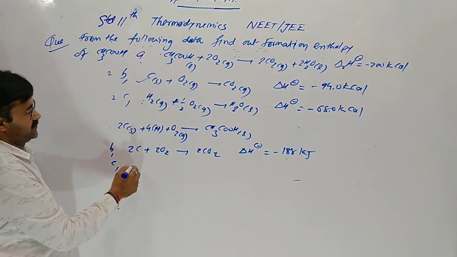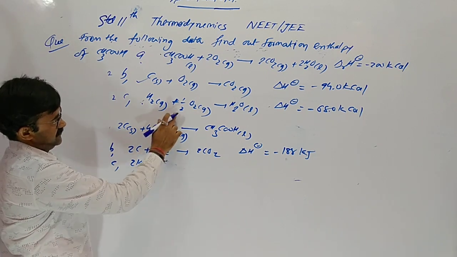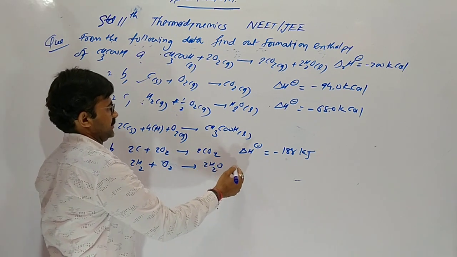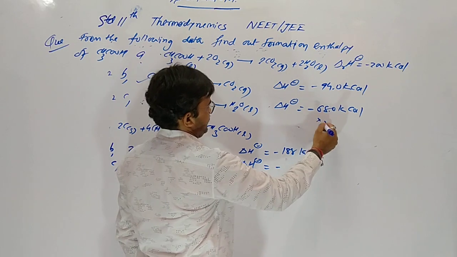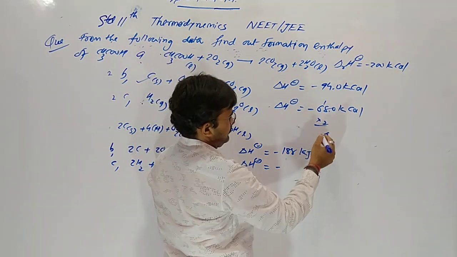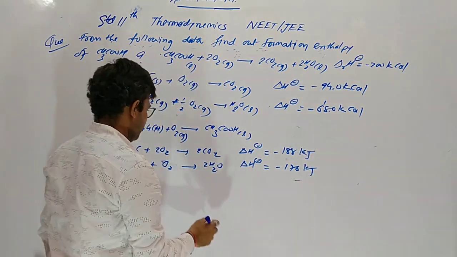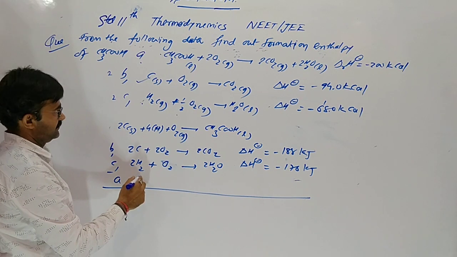Then C also multiply by 2, so 2H2 plus O2 gives 2H2O. Here value of delta H 68 multiplied by 2, 136. And A we have to subtract from it.